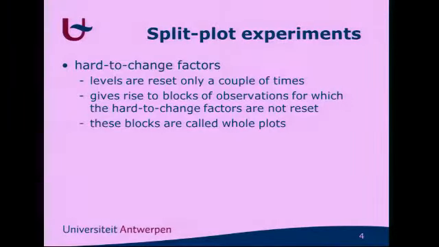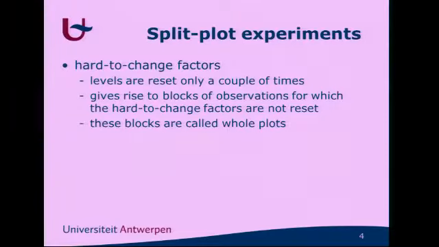Split plot experiments are useful in various circumstances, and in the literature on industrial response surface experiments, split plot experiments are very often associated with hard-to-change factors. Hard-to-change factors are factors whose levels are hard to change.